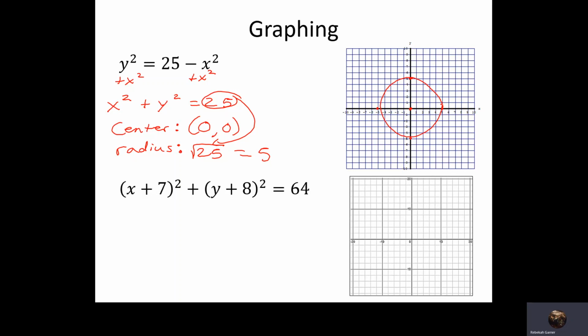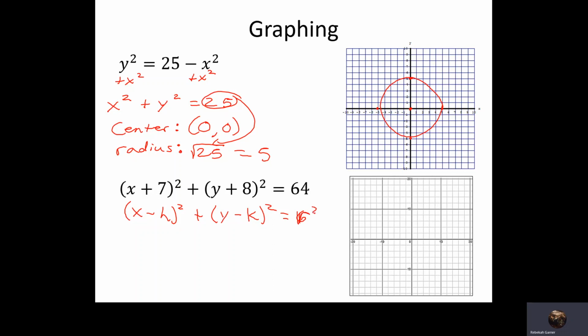All right, so here we need two things. This is how we'll calculate the center here. I'm going to rewrite the formula that was given to us on the last screen, just so we can compare these two. The formula that was given to us was (x minus h) squared plus (y minus k) squared equals r squared.